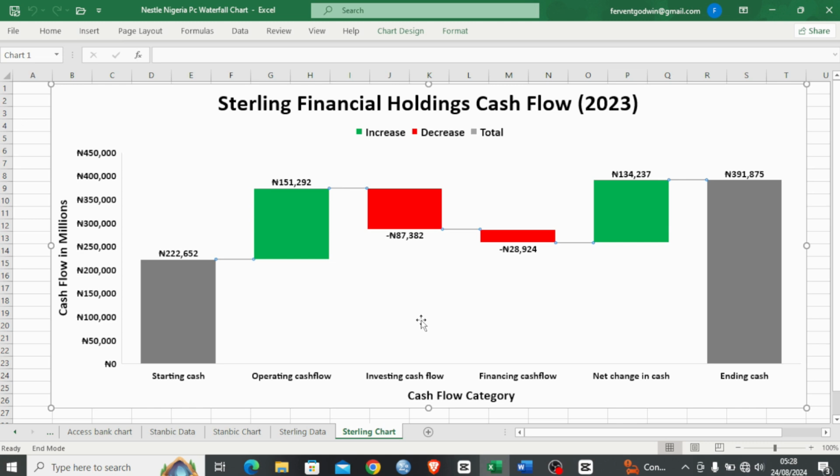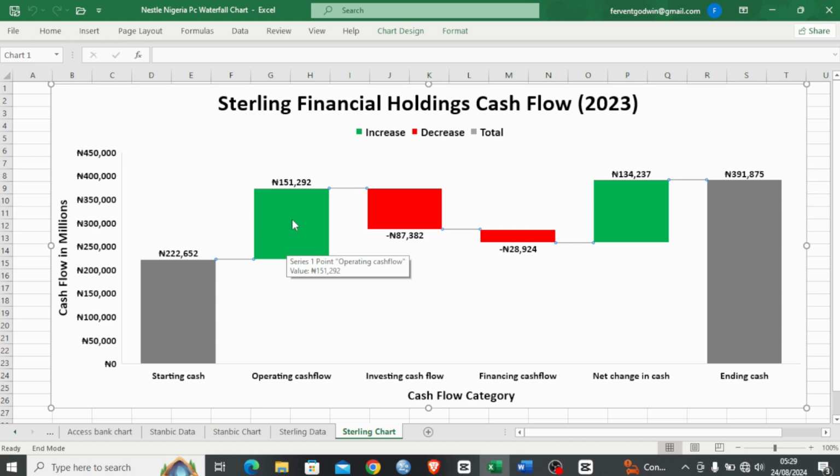Now let's take a peep at what these values are saying. I believe I've covered a lot of this already, and you're already getting a glance at the picture, but it's still necessary that I talk about them. So like I explained, the total starting cash for 2023, as you see here, is 222 billion naira, and their operating cash flow, which is what they generated from their core operations, is 151 billion naira.